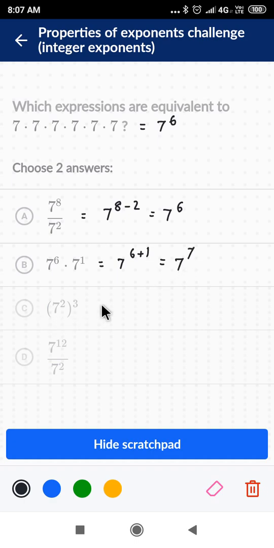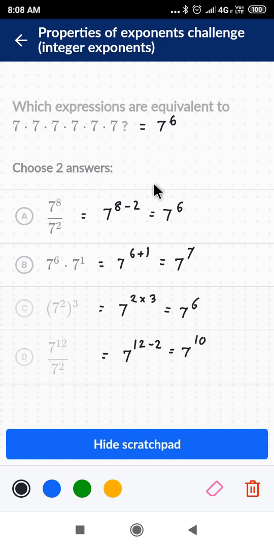C is 7 to the power 2 into 3, that is 7 to the power 6. And D is 7 to the power 12 minus 2, that is equal to 7 to the power 10.